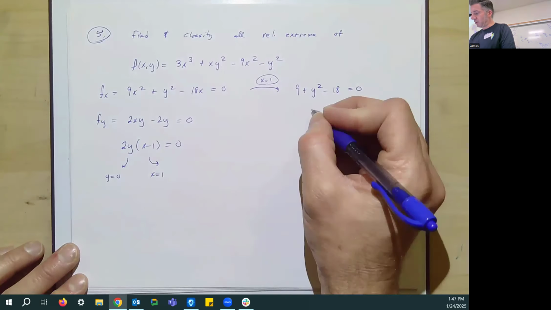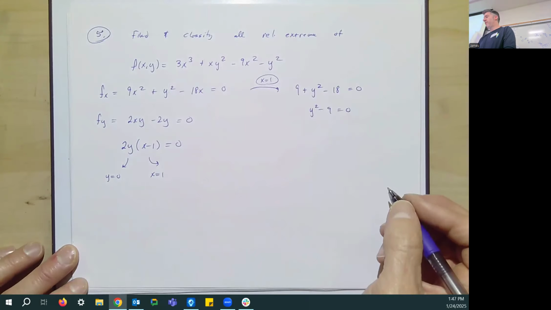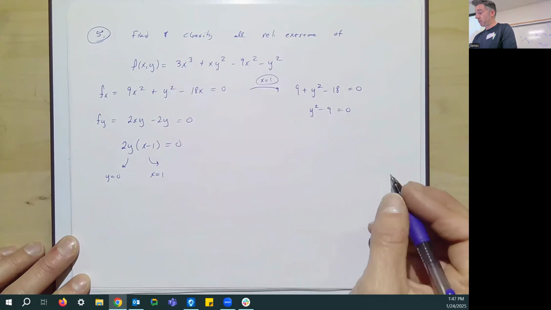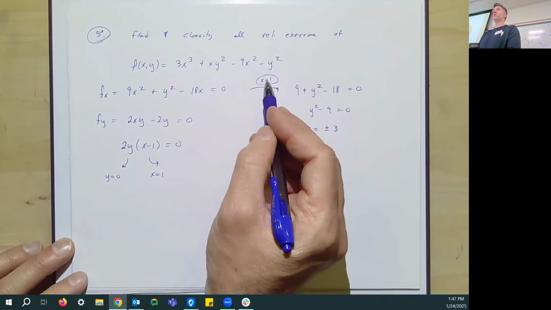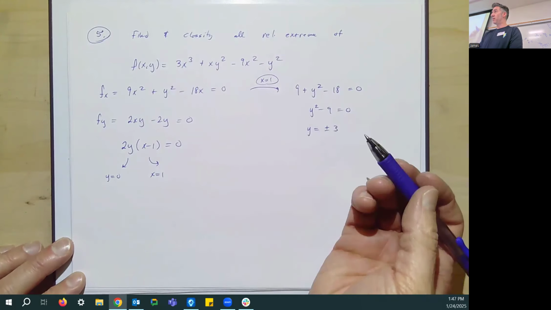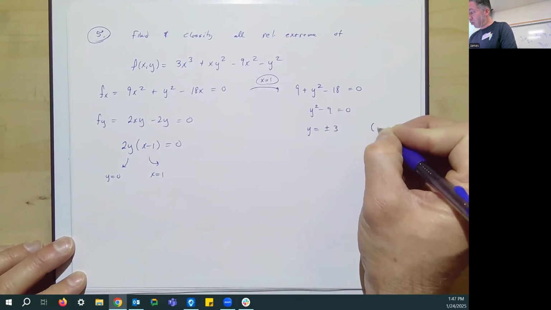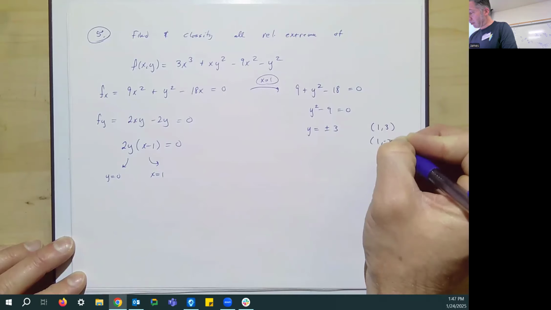So this ends up being y squared minus 9 equals 0, which we could factor or bring the 9 over, but I think you all can see we're going to get y equal to plus or minus 3. So that means for x equal to 1, there's two different corresponding y values that give us critical points. So our two critical points so far are 1 comma 3 and 1 comma negative 3.